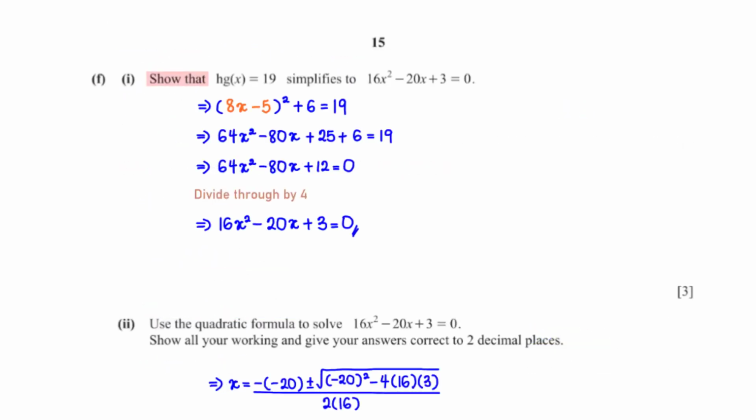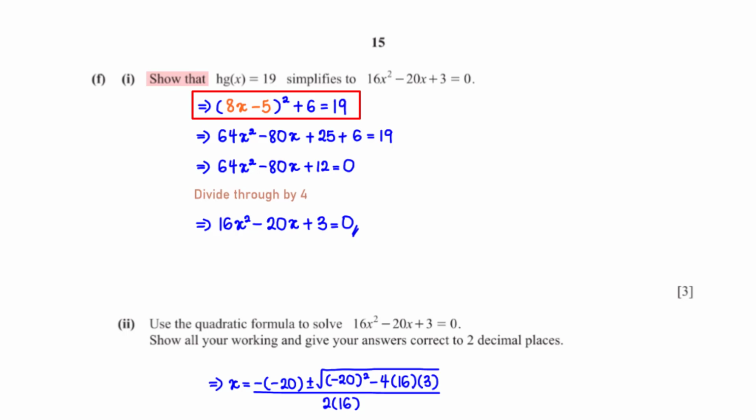Show that h of g of x equals 19 simplifies to 16x squared minus 20x plus 3 equals 0. To get h of g of x, we replace x in h of x with g of x, which is 8x minus 5. This gives us (8x minus 5) squared plus 6, which is equal to 19.